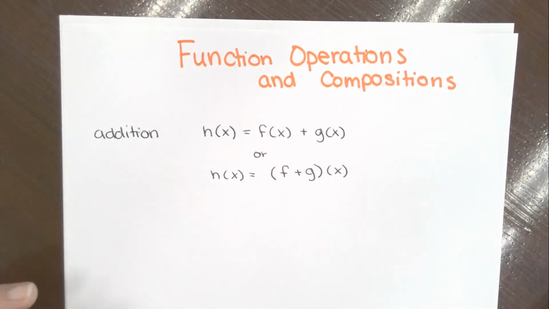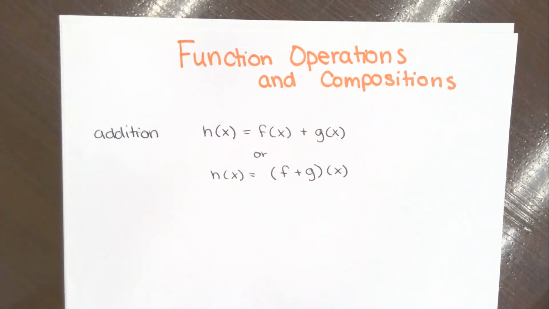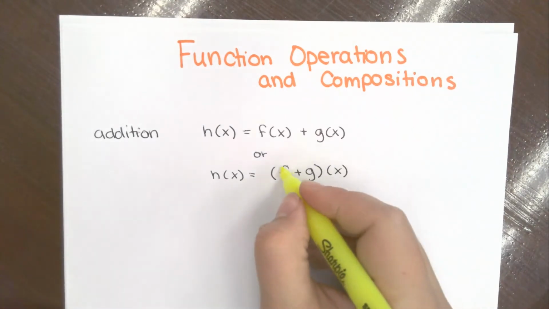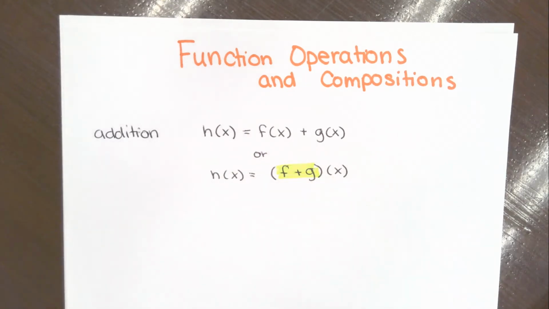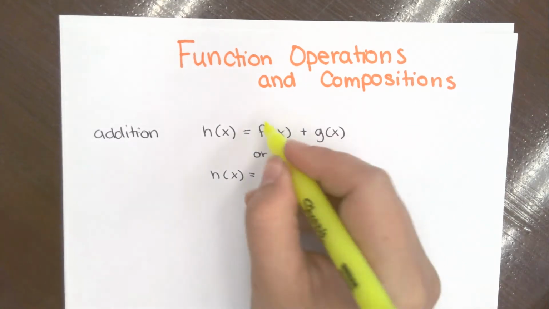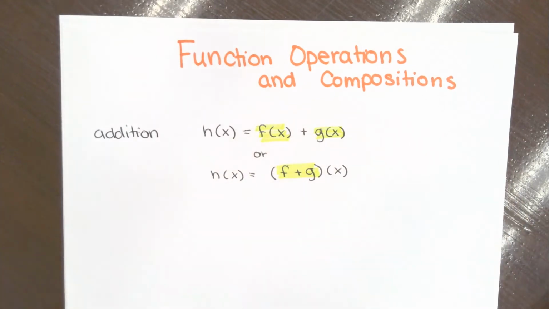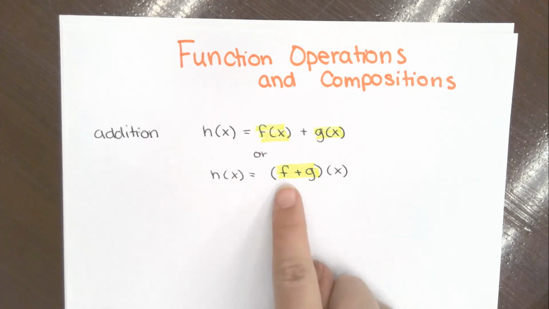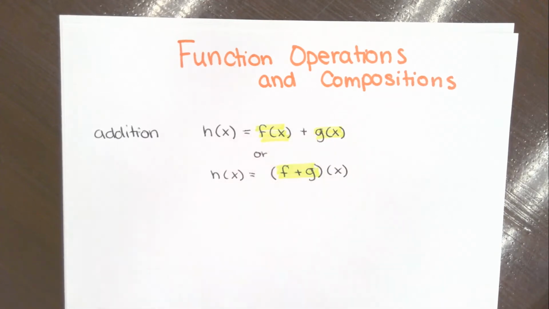Well, if you see them asking for f plus g, you're going to take the function of f and the function of g of x, and just add them together. So this is the notation you're going to see, and what you do is take both of the equations and then add them together.